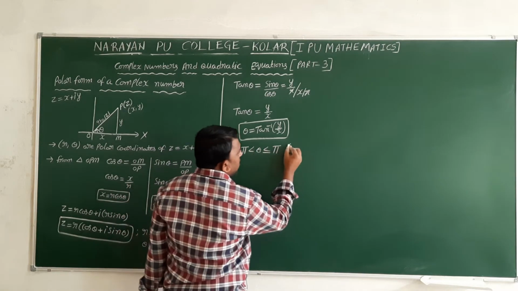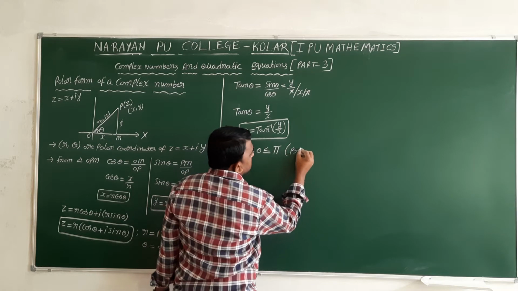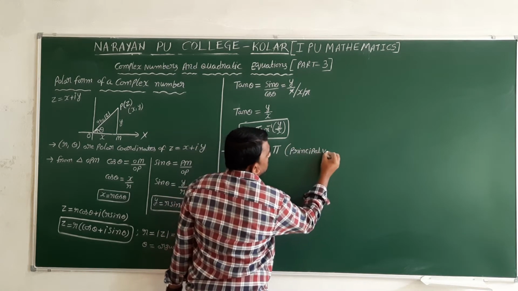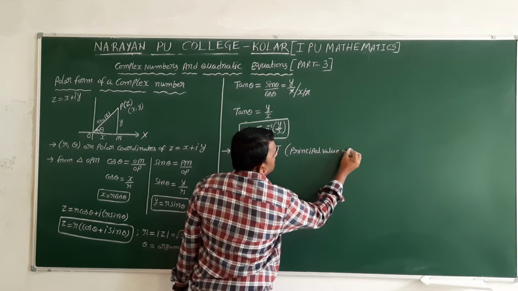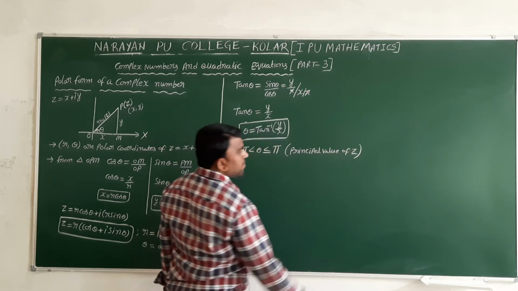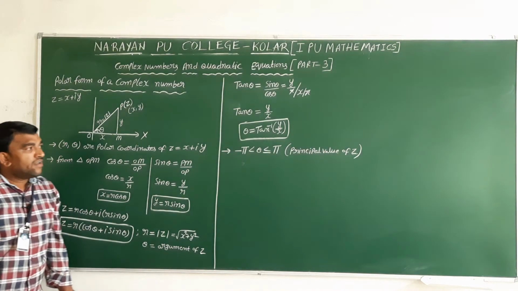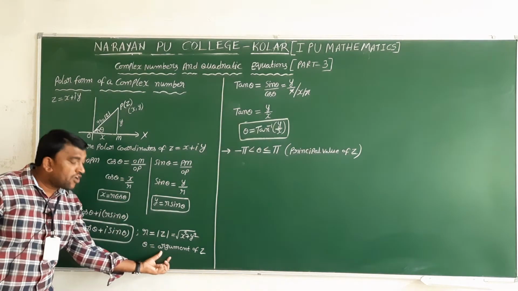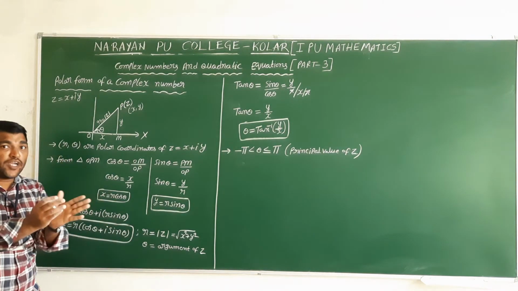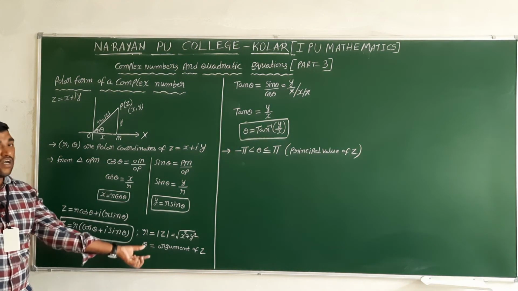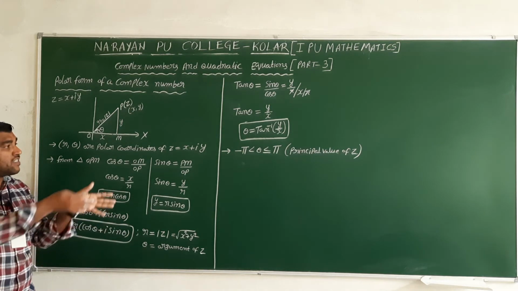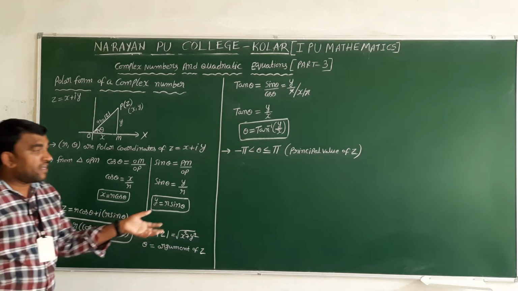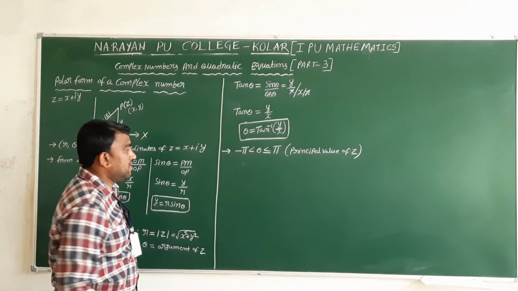That is the principal value of z. Now, based on the quadrant, how to get the argument of z? If the point lies in the first quadrant, what is the argument of z? In the second quadrant? In the third quadrant? We'll see how to calculate it.